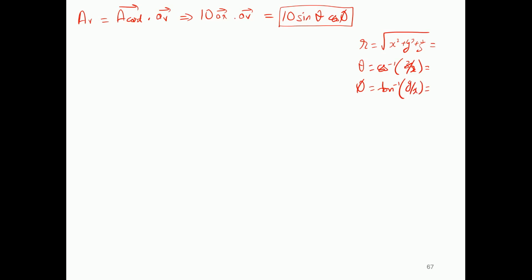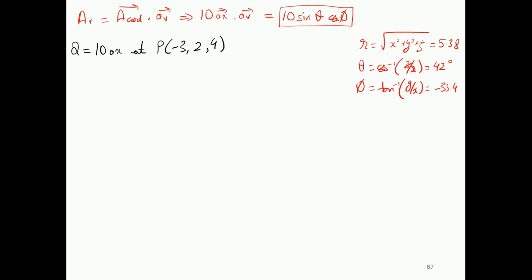So r comes out to be, we know the values of x, y, and z, so we only have x, which is 10, so it comes out to be 5.38. Theta comes out to be 42 degrees, and phi comes out to be minus 33.4. But one thing to remember here is that in the question the value was 10 ax at point minus 3, 2, and 4.